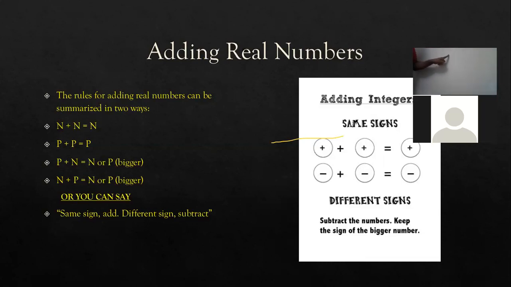All right. So let's think about this first rule. The first rule we're going to think about is negative plus negative is a negative. There we go. That's the first rule. If I have a negative plus negative, I get a negative.